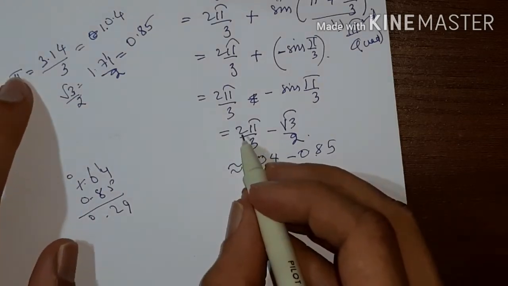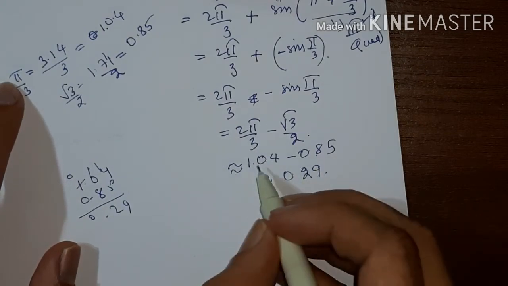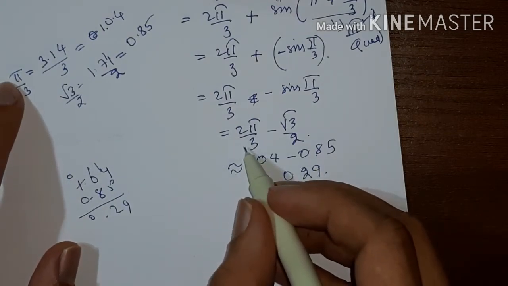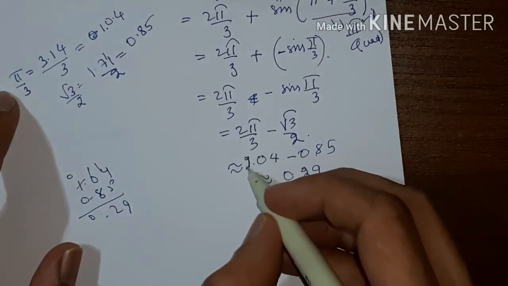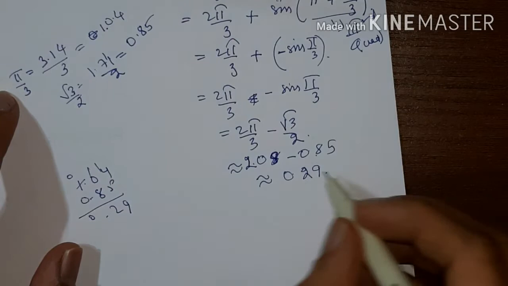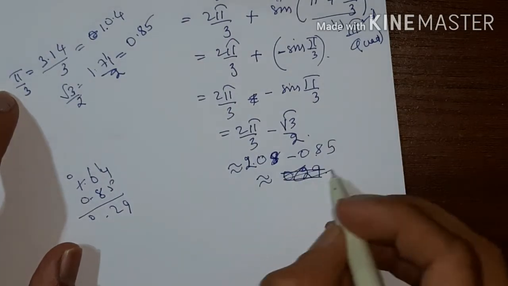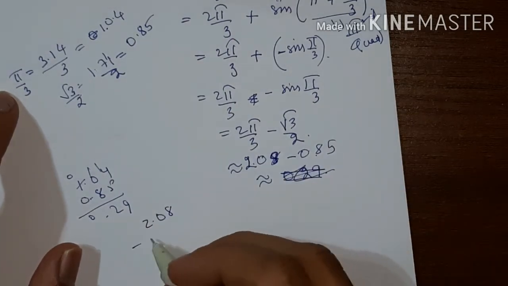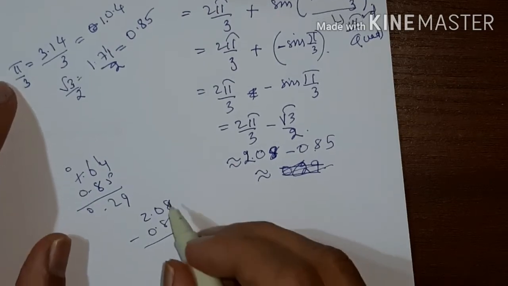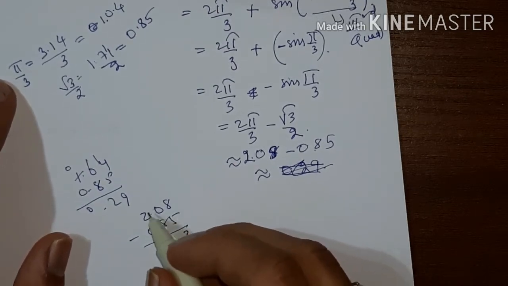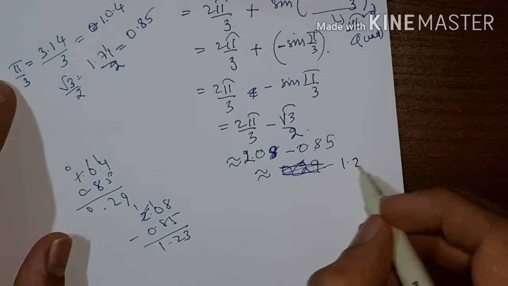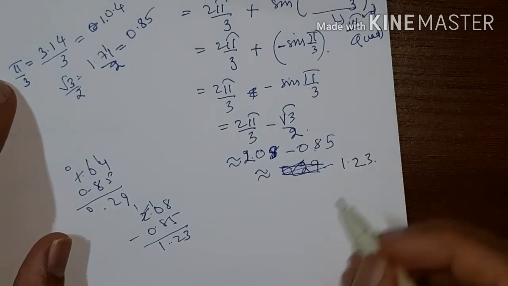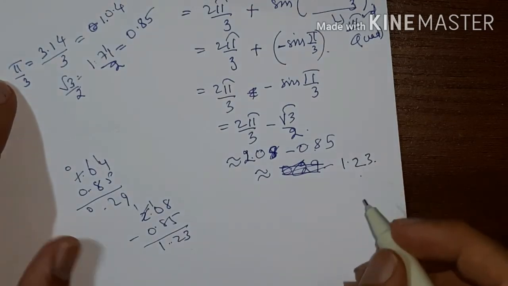Okay, this is 2 times, I have not multiplied 2 here. So this pi by 3 is 1.04, so 2 times that will be 2.08. So what you will get: 2.08 minus 0.85. 8 minus 5 is 3, 1 borrowed, 10 minus 8 is 2, 1 remains, so 1.23. So this is the value.